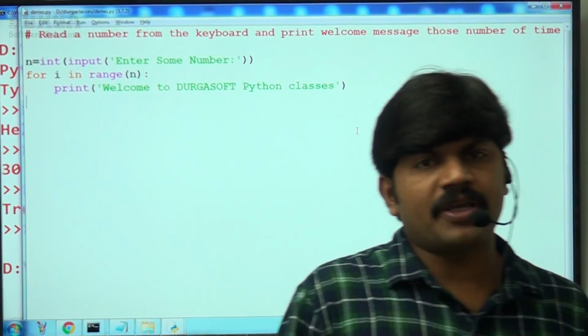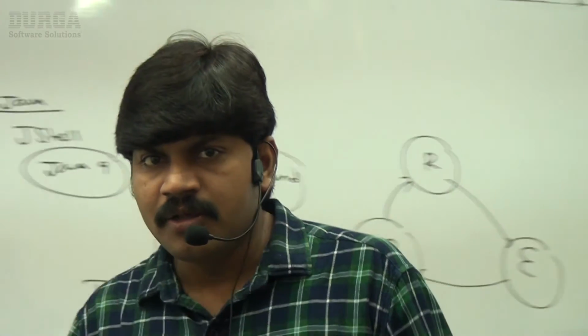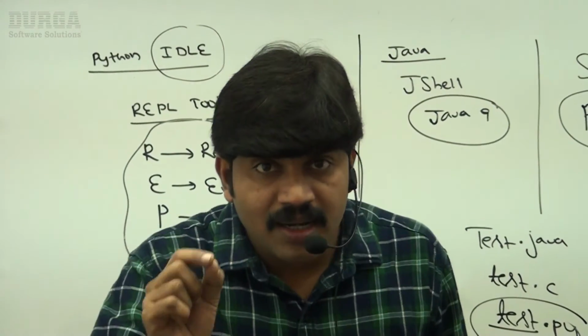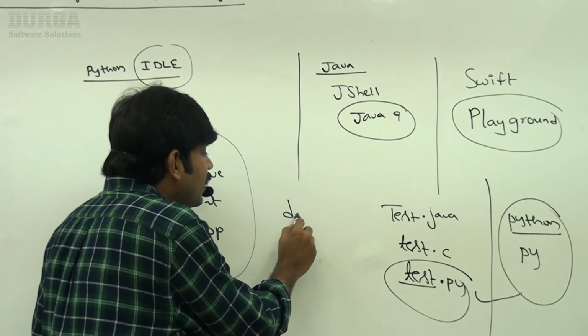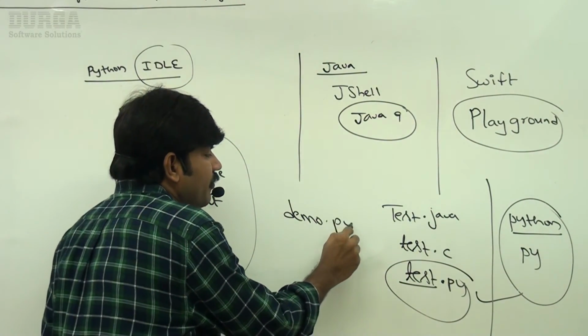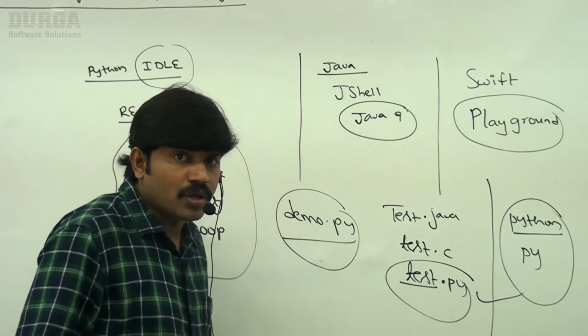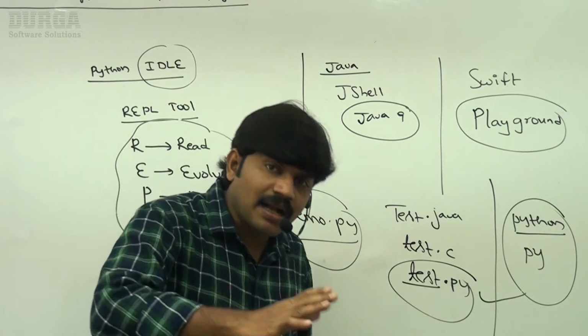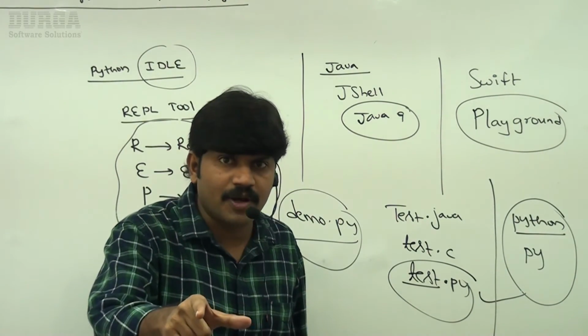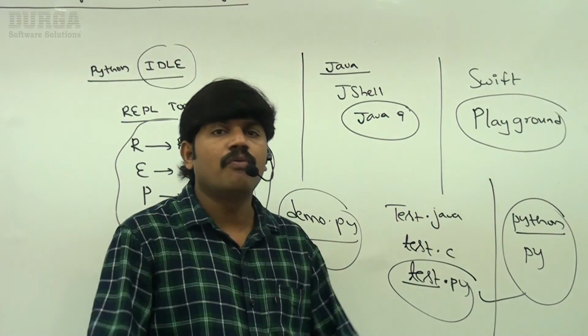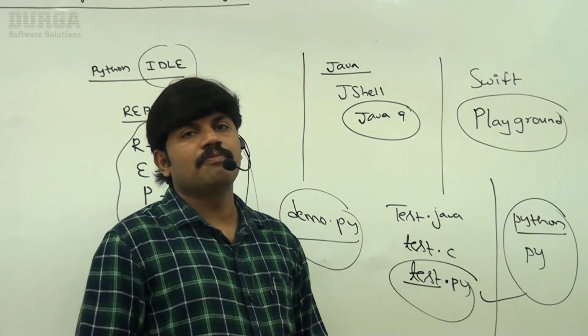Now I wrote one Python file using IDLE and saved it as demo.py inside Durga classes. From the command prompt, can I execute this file? What is the way? It's very simple.